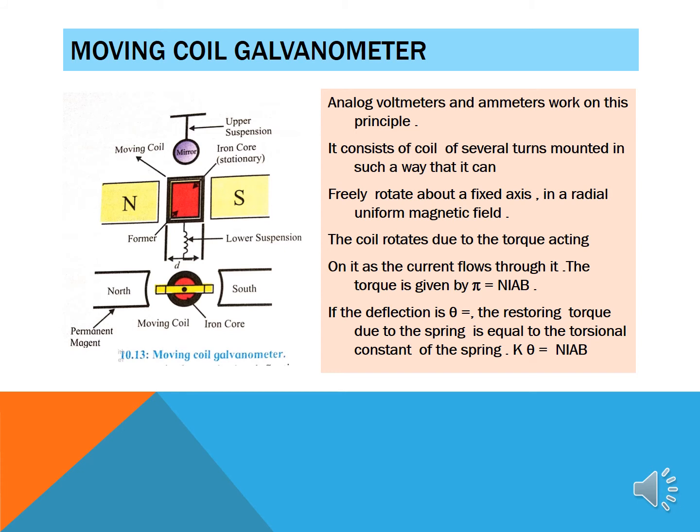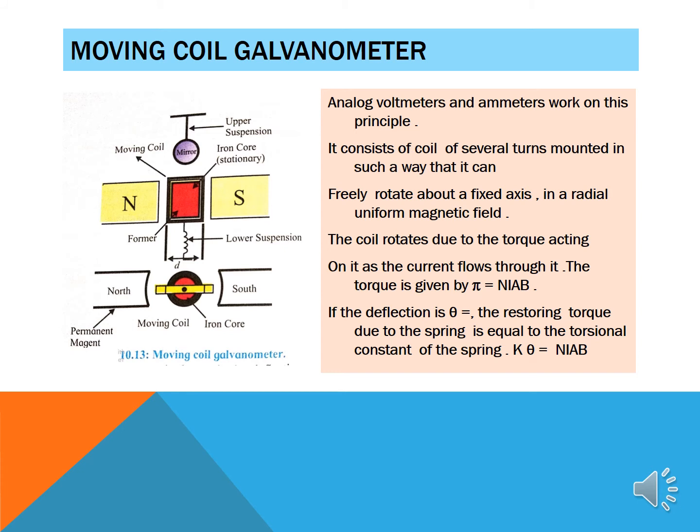This torque is given by the formula N I A B, where A is the area of the coil and B is the strength of the magnetic field. Capital N indicates the number of turns of the coil and I indicates the current in the coil. Here sine theta is 1, as the plane of the coil is always parallel to the field.